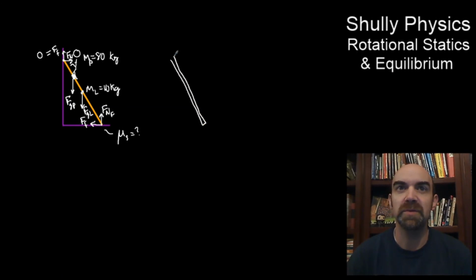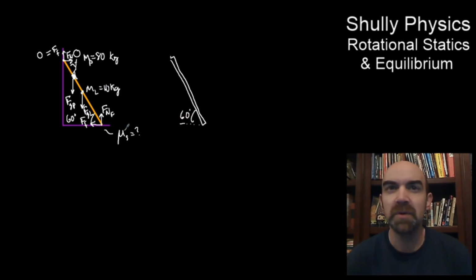There's one piece we're missing here though. Let's go a 60-degree angle for that ladder. So what is the minimum mu, static coefficient of friction, to allow a ladder to be placed at an angle of 60 degrees and not slide?